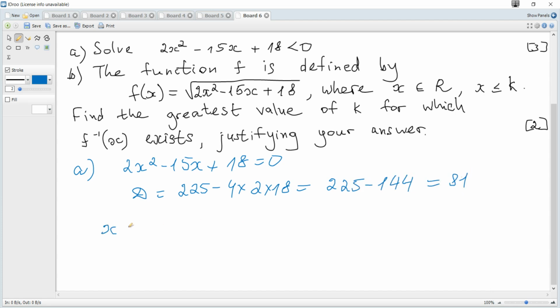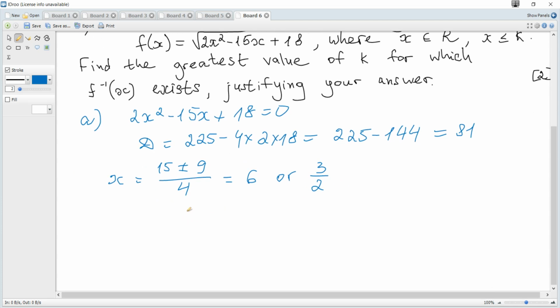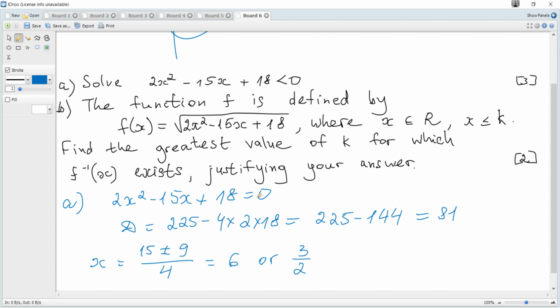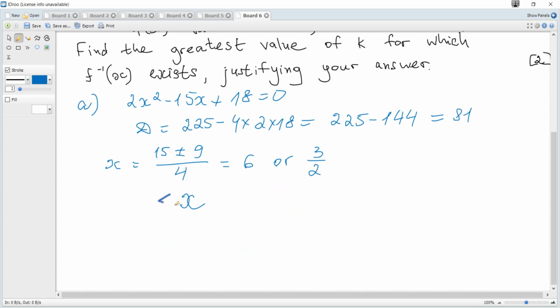And roots are minus b, so 15 plus minus root of D, which is 9, over 2a, which is 4. So 4 plus, it's 24 over 4, it's 6. For minus, it's 6 over 4, or 3 over 2, or 1.5. And hence the solution: we need strictly less, so x is strictly greater than 3 over 2 and less than 6.